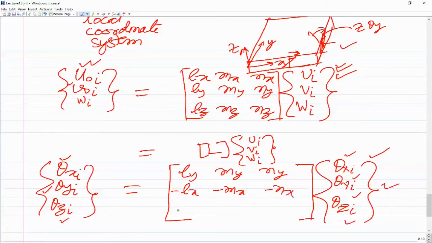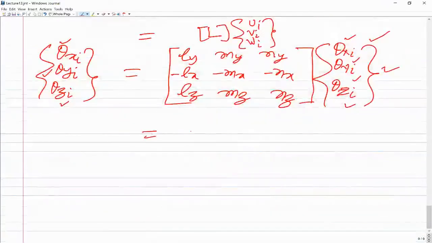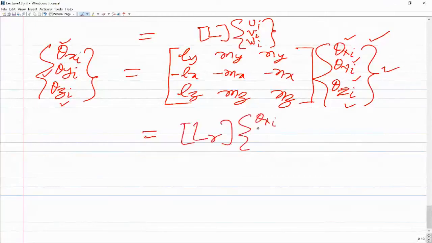So that would be lz, mz and nz. And let me write this 3 by 3 matrix as lr into theta xi, theta yi and theta zi.